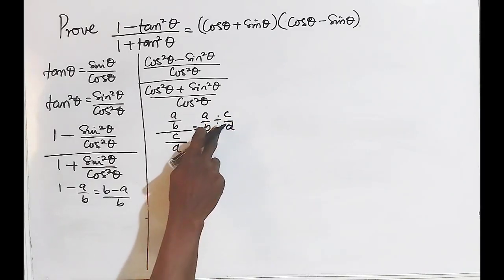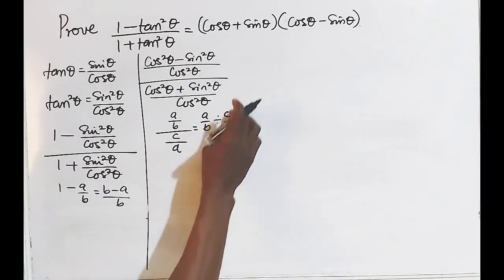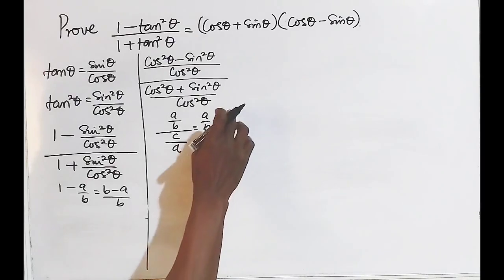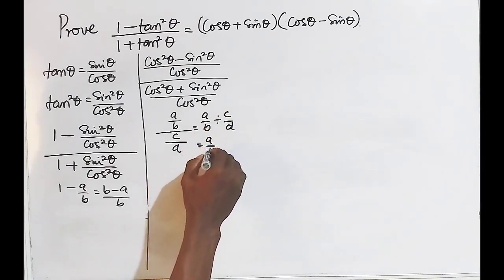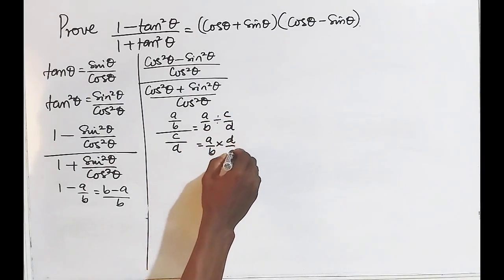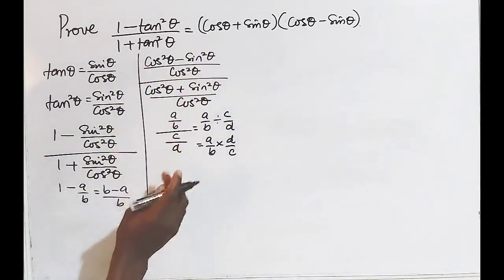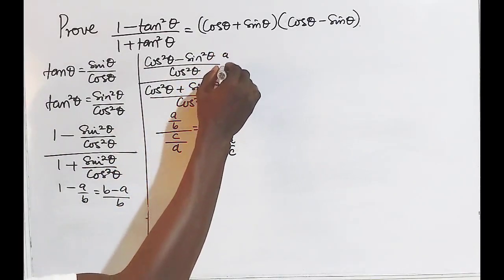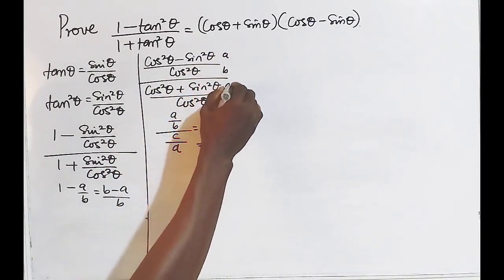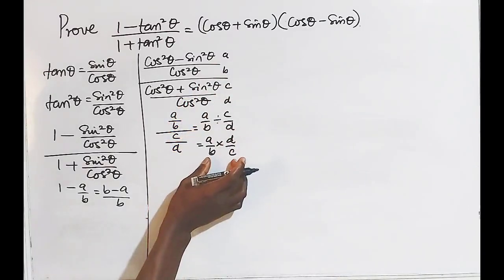If we want to change this to multiplication, we just need to flip this, or find the reciprocal of c over d, and this will give us a over b times d over c. If this is true for the algebraic expression, we can implement that here. So let us represent this as our a, this as our b, this as our c, and this as our d.